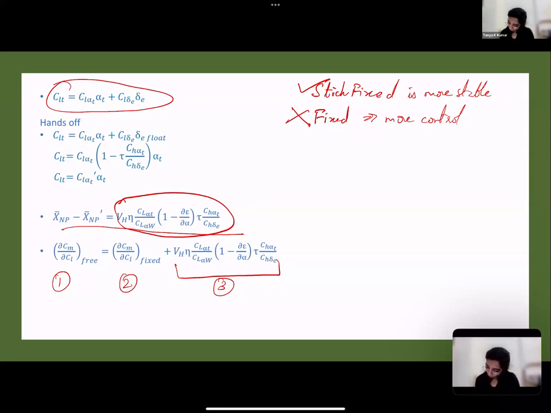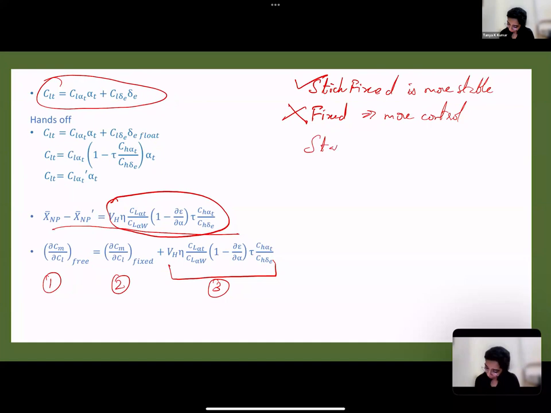So for a stable aircraft, your dCM by dCL, should it be positive or negative? Negative, yes. So more negative, more stable. Keeping that in mind, you tell me, in this last equation, is the first term positive or negative?